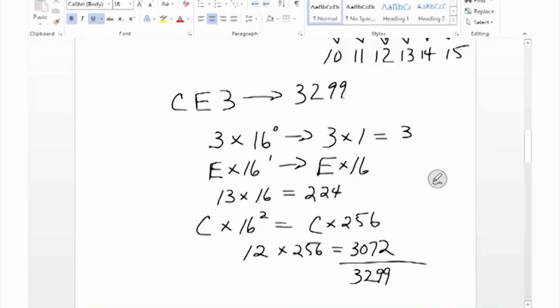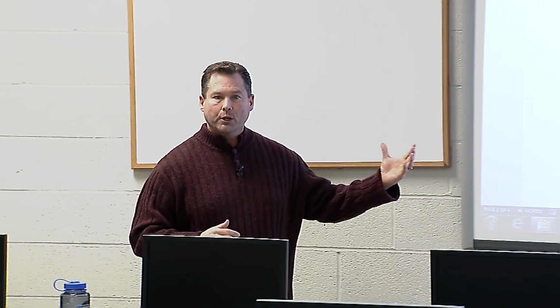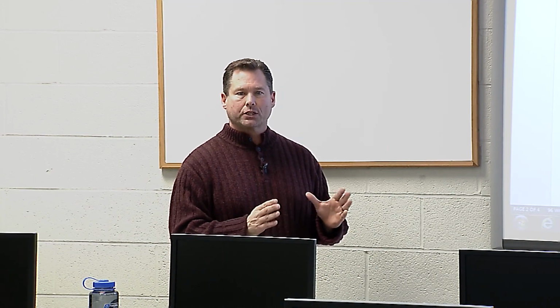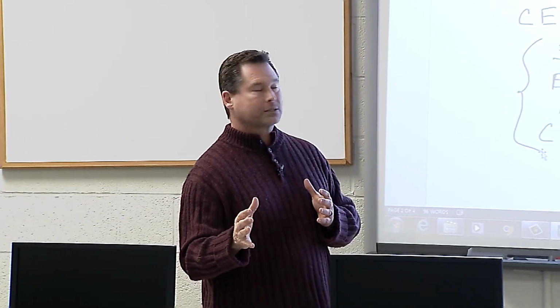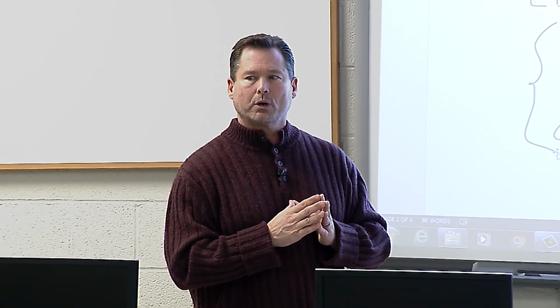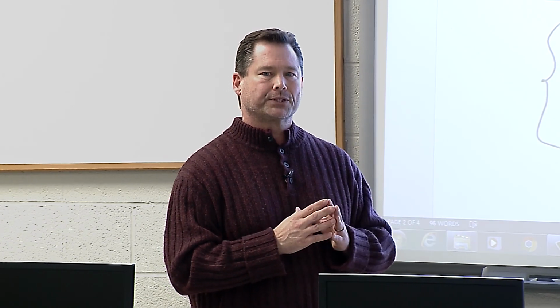And what we've done here is really to show that translation process. So that's what that looks like. Hopefully what we've done here today is give you a good snapshot of 3 numbering systems and kind of how we navigate through each one of those numbering systems, from decimal to binary and decimal to hexadecimal.